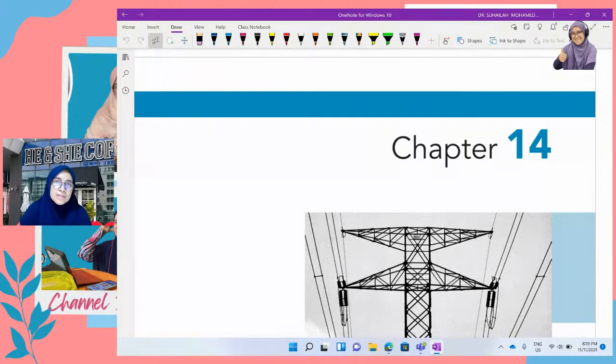So we start with truss analysis. If we compare these three structures, truss, then beam, then frame, in the level of difficulty, of course the truss will be the easiest compared to the frame, so the beam is in the middle.